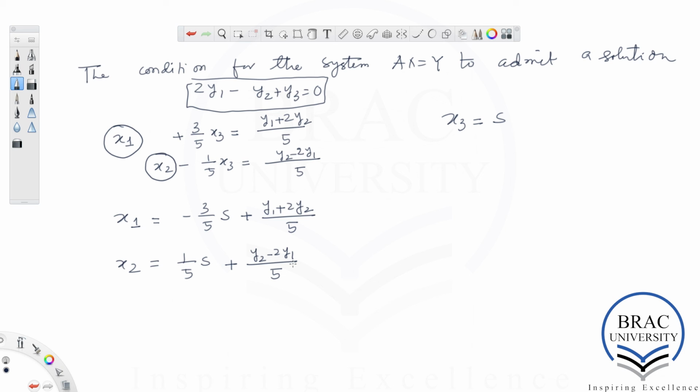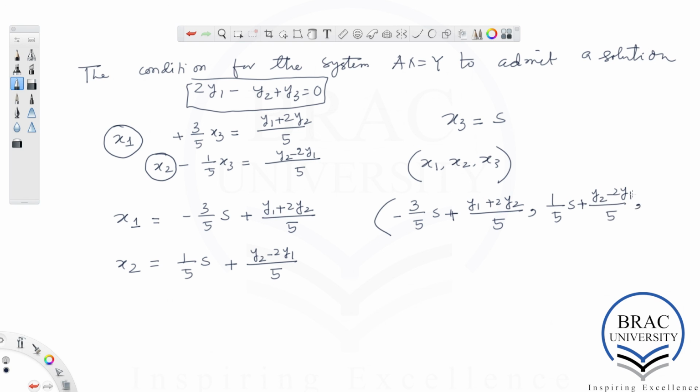So the solution set is given as follows. The solution set is going to be a triple, right? x1, x2, x3: minus 3 over 5 s plus (y1 plus 2y2) over 5, comma 1 over 5 s plus (y2 minus 2y1) over 5, comma s. This triple is going to be the solution set for the underlying system.